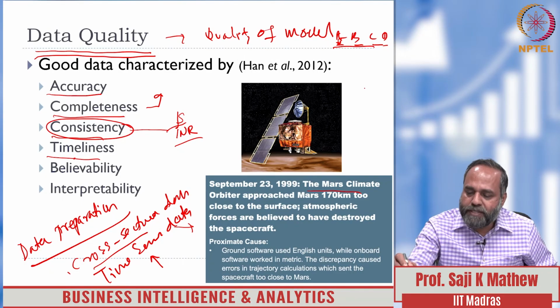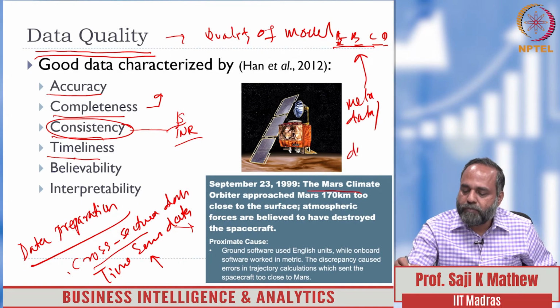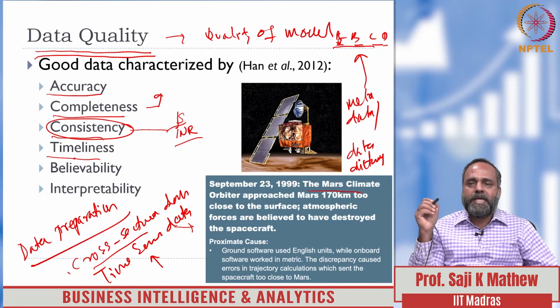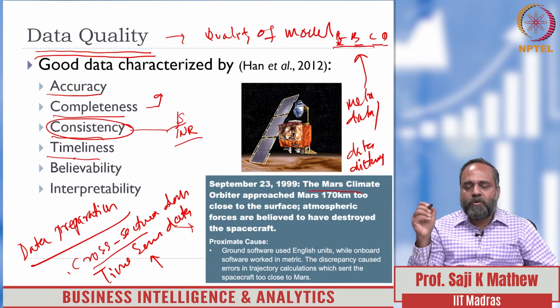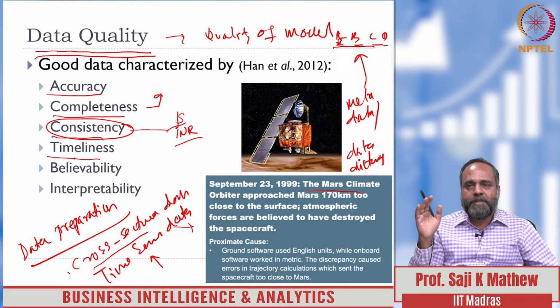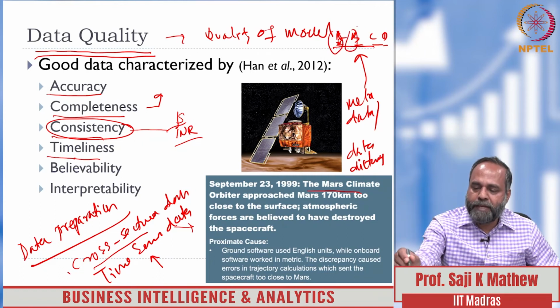Always ask for metadata or a description or data dictionary, which accompany databases, where a proper description of each column is available. Ask for that column metadata. Don't accept a data set if it is coded and you don't understand what that code ABCD means.